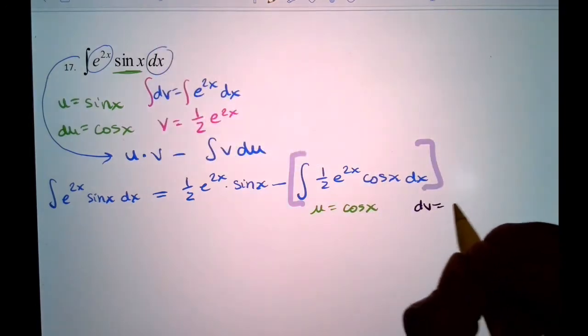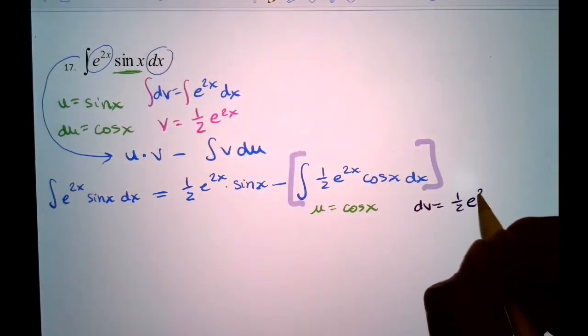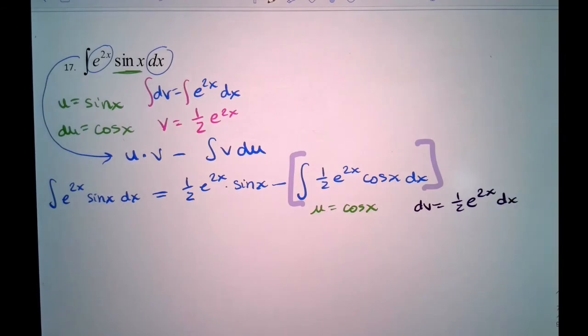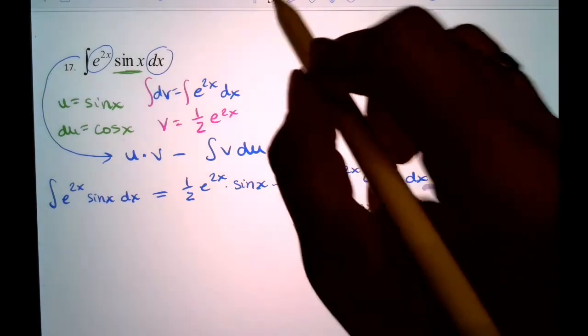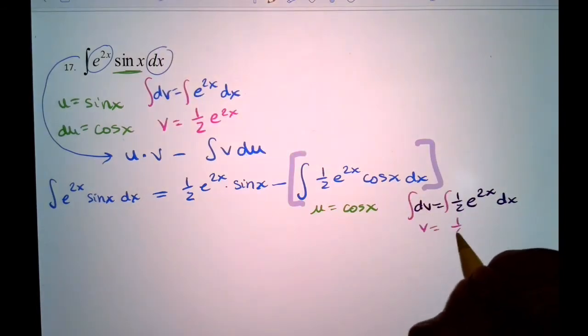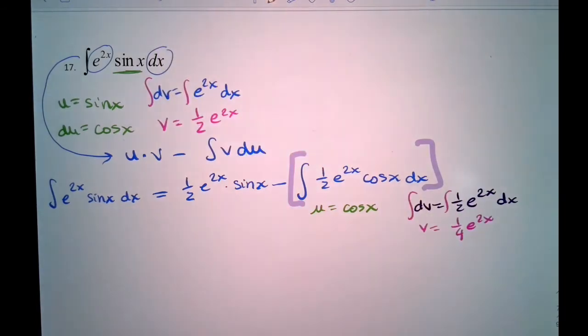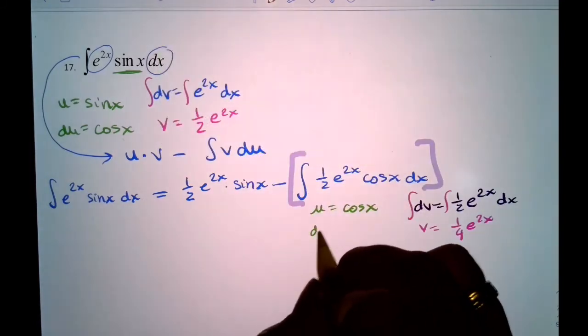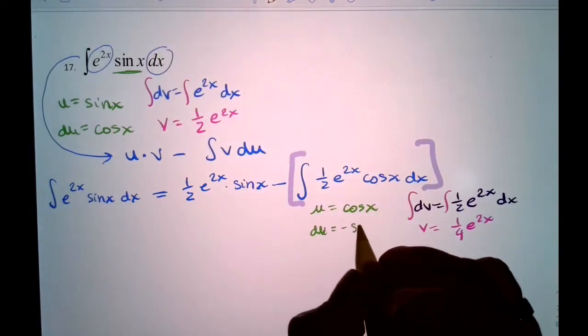I'm going to let dv equal the exponential. Now again, we know the integral of e to the 2x is 1/2 e to the 2x. There's already a 1/2 here, so when I integrate this to get v, I'm going to have 1/4 e to the 2x. And of course, the derivative of cosine is negative sine.